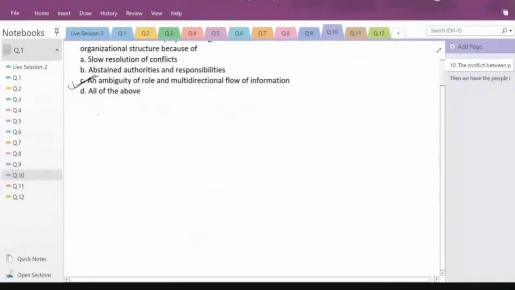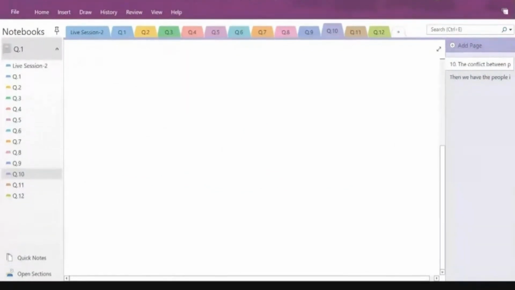So let's understand what ambiguity of roles means.